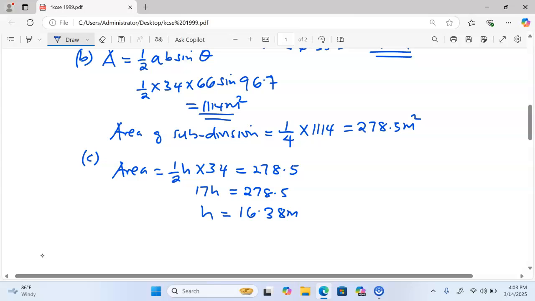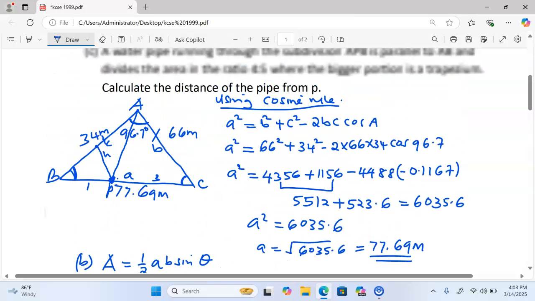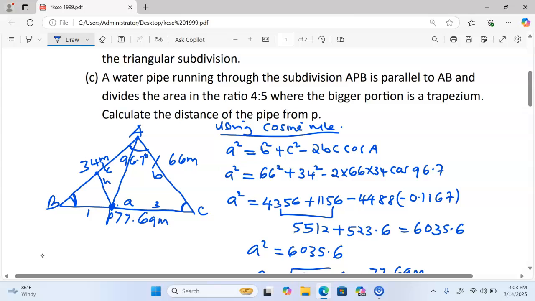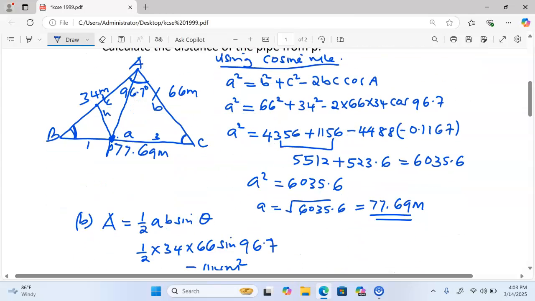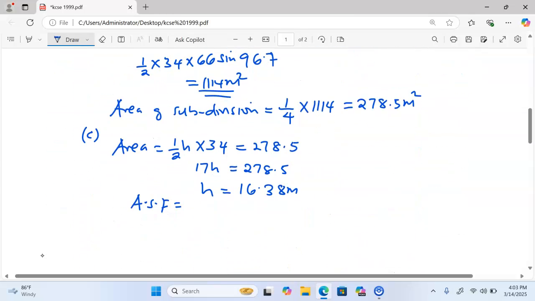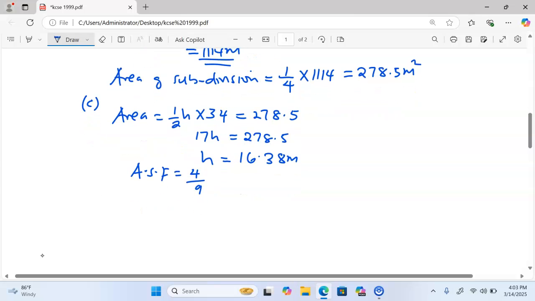In this case, we have the area scale factor. Remember, it is dividing in the ratio of 4 to 5, meaning it's going to be 4 out of 9. And from the area scale factor, we can get the linear scale factor, which is the square root of 4/9, giving us 2/3.